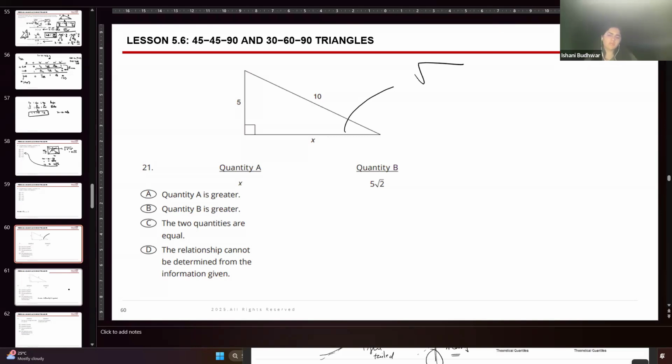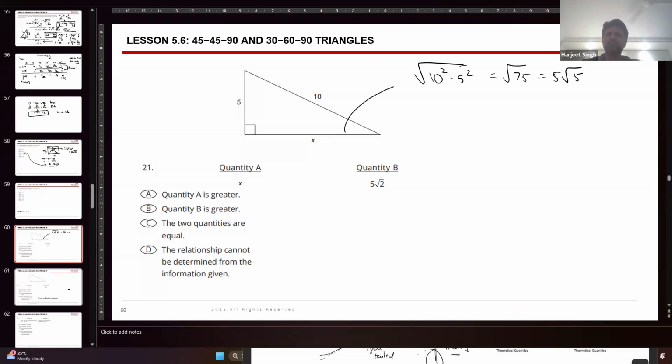This will be root of hypotenuse, which is 10 square minus 5 square. This is root of 75, which is 5 root 3 actually.